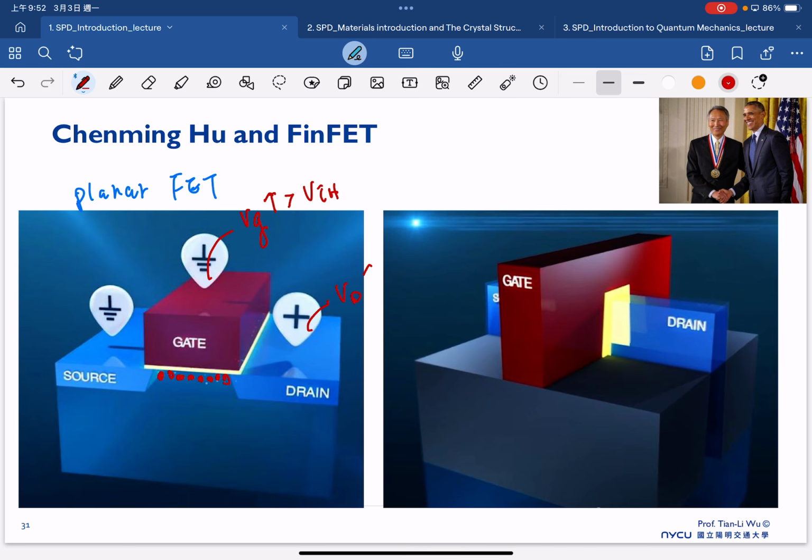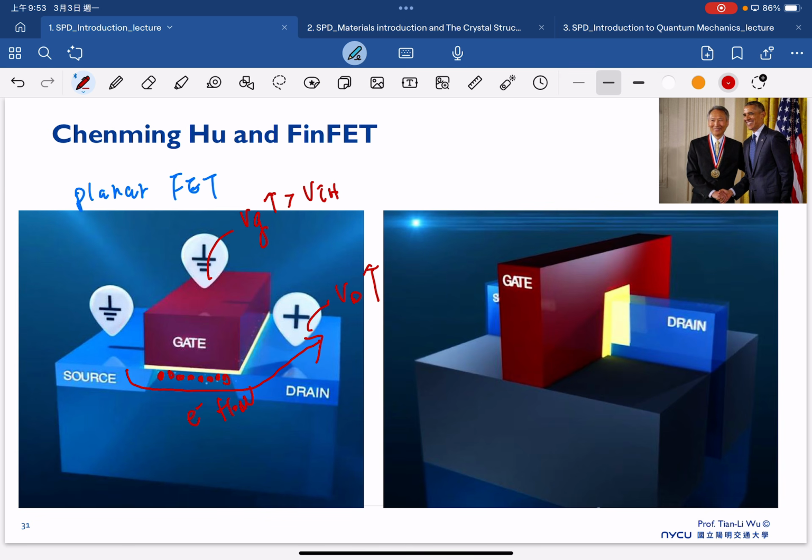Because we have the drain bias here, the electrons will be attracted from the source to the drain, becoming the drain current. So that's the general idea of operation for a planar MOSFET.